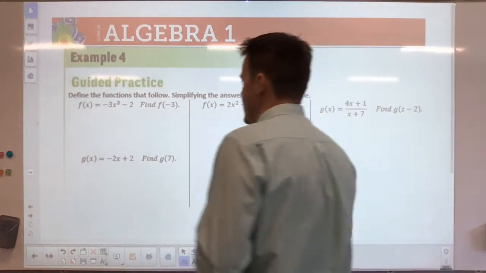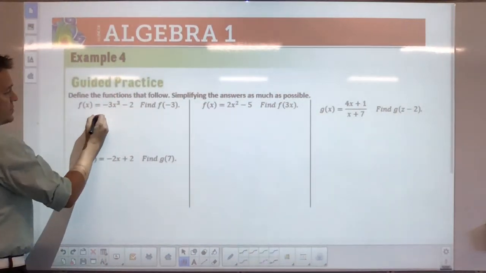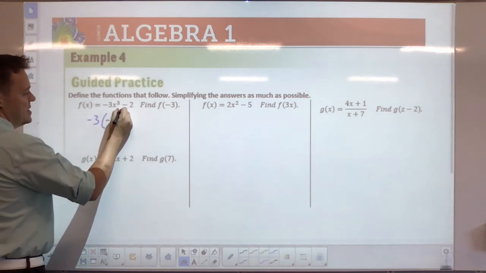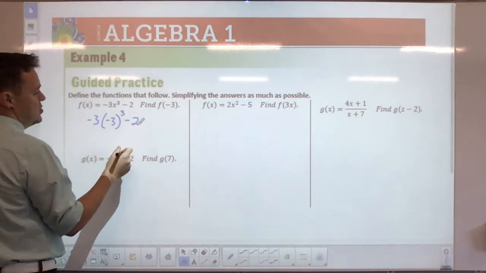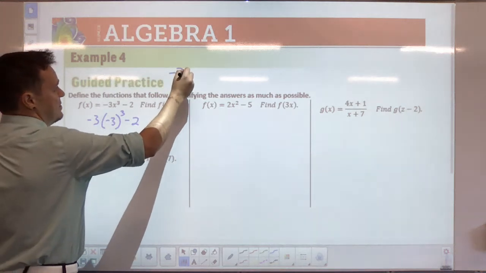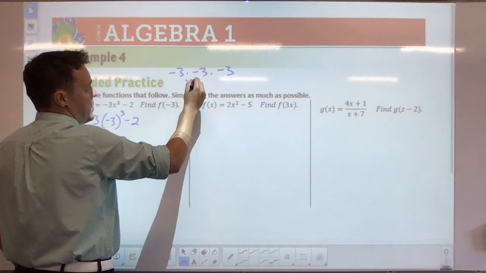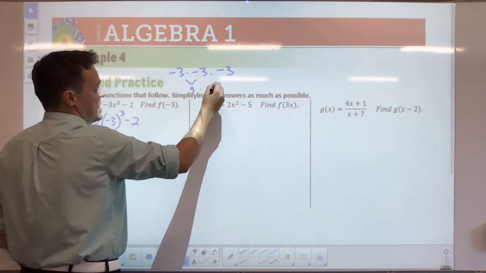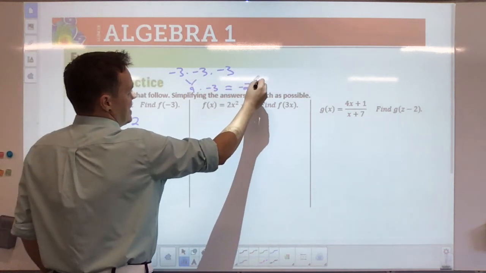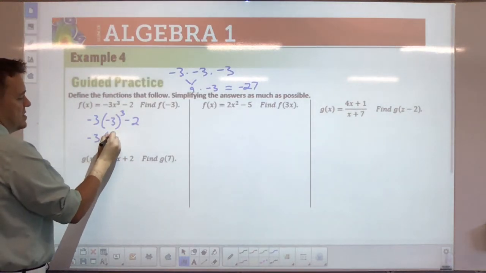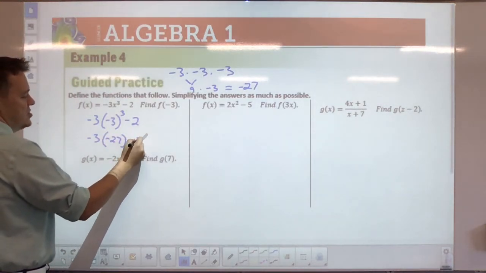All right, same thing, guys. You plug in a -3 here, so you get -3 cubed minus 2, which means it would be -3 times -3 times -3, right? So this would be a +9 times -3, which would end up being -27. So that's how you get that. So -3 times -27 minus 2.